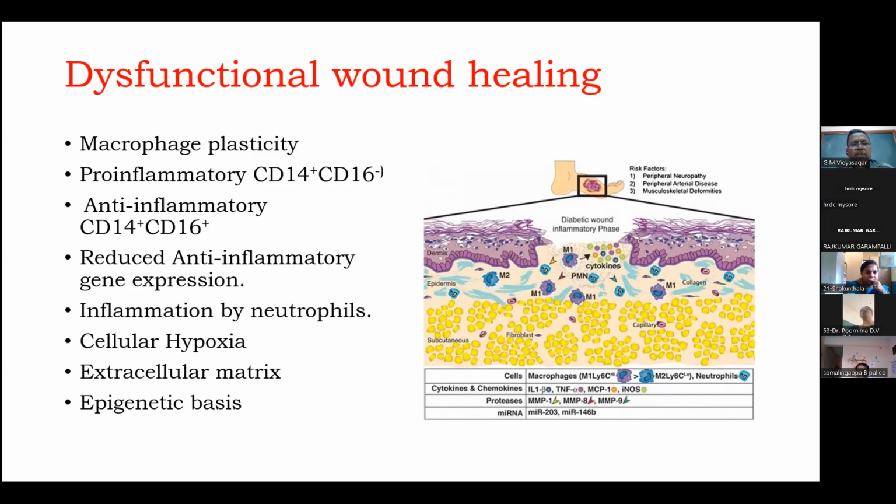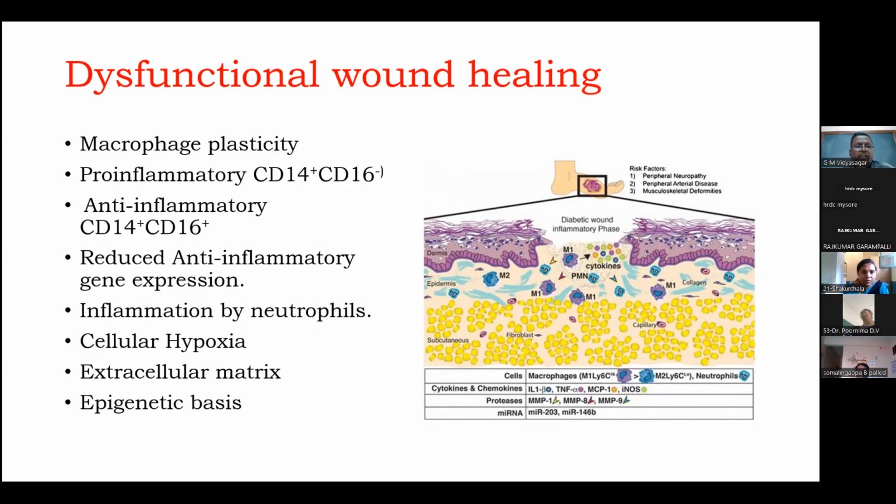Then its other stage is anti-inflammatory. It also produces cytokines which are anti-inflammatory in nature, and the structure of macrophage here is changed. We call that CD14 plus and CD16 plus.